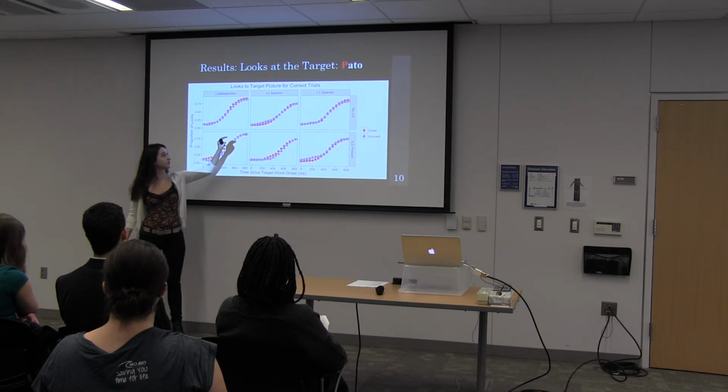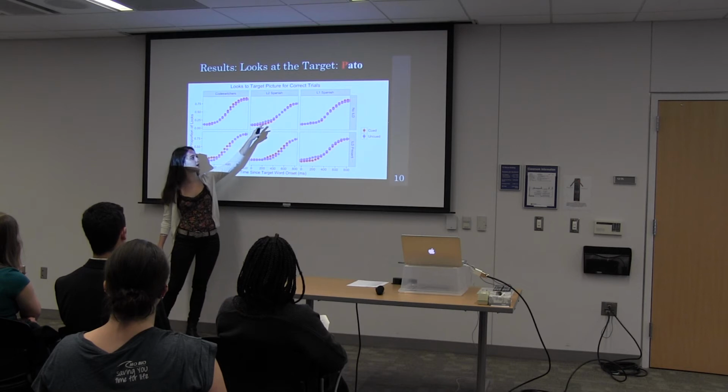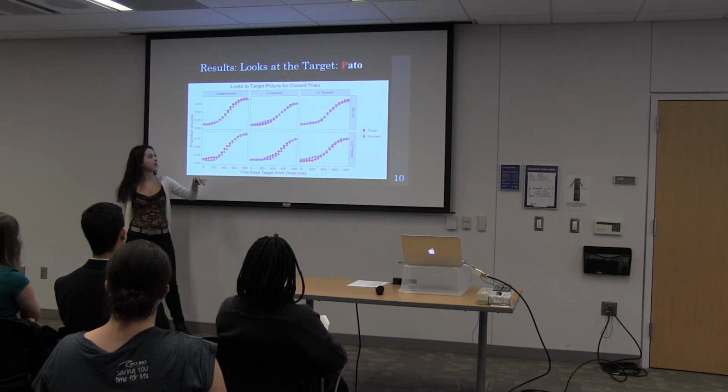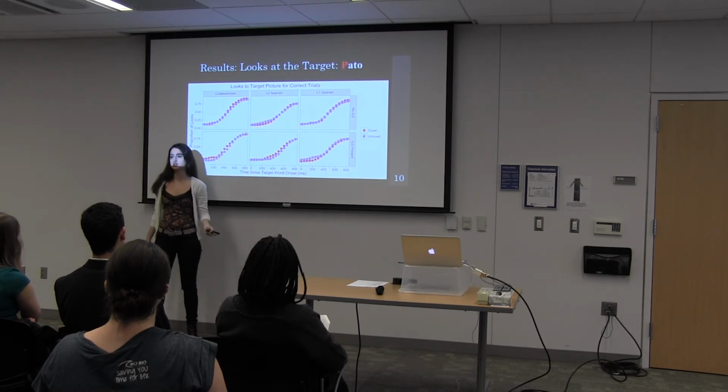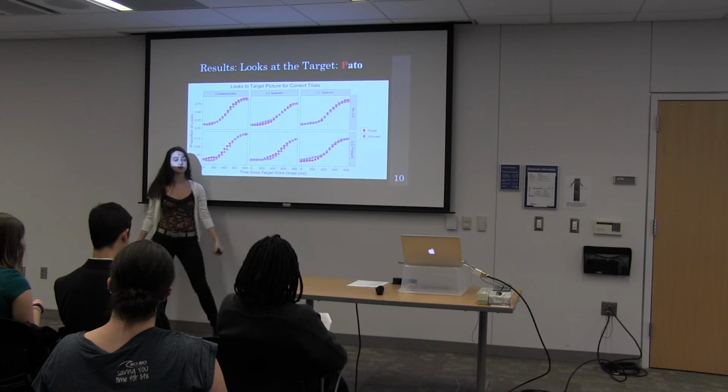Here we have the L2 Spanish listeners, who seem to be giving a higher proportion of looks to the target later on in the trial without the interlingual distractor. And then it seems that the L1 Spanish listeners really were pretty unaffected by the presence or absence of a cue because they were just giving the same proportion of looks throughout.